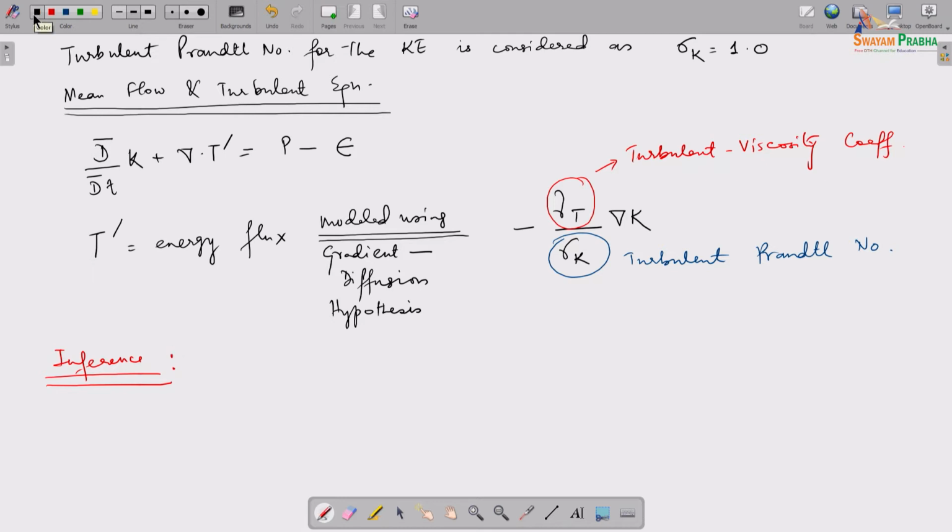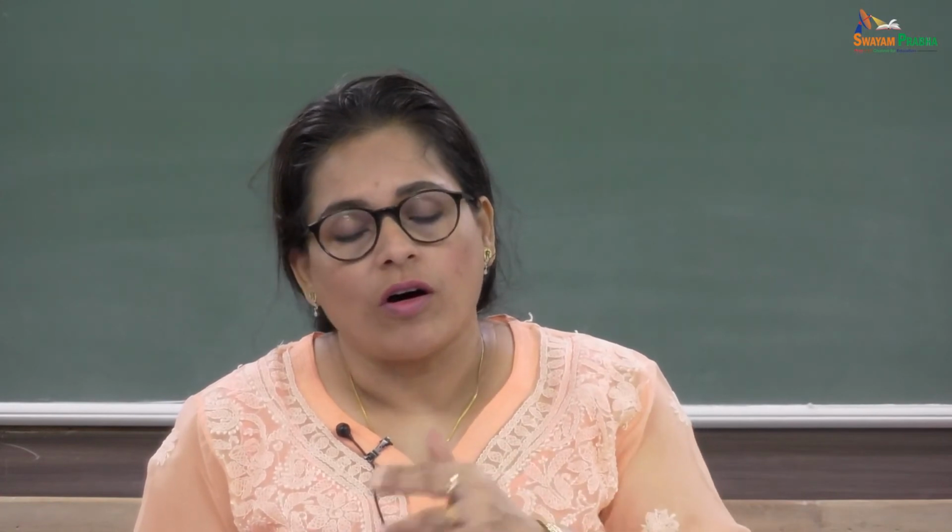Essentially we're saying that physically, due to velocity and pressure fluctuations, there is a flux of energy down the gradient of k. So there is an energy flux in a direction in which there is a gradient of the kinetic energy. There are fluctuations in pressures and velocities, due to which there is a change in kinetic energy. The direction in which the energy flux is happening is along the gradient of the energy.